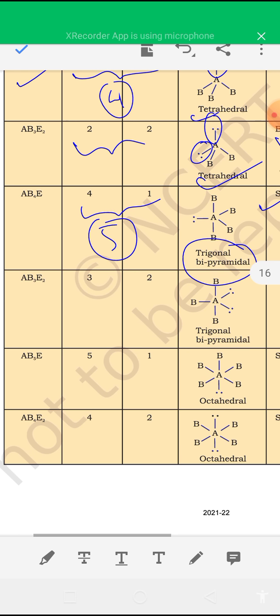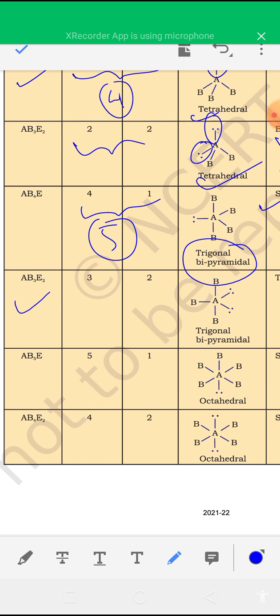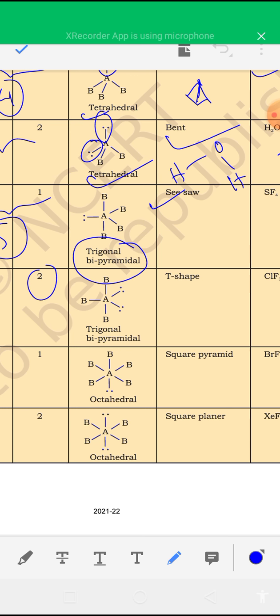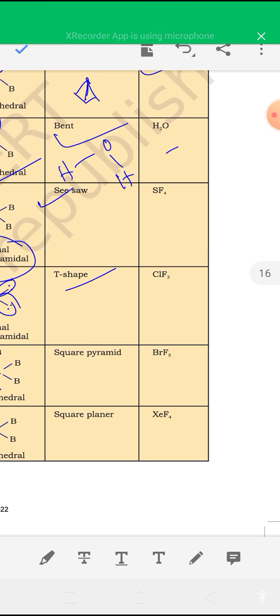Next type of compound AB3E2, where 3 bond pairs, 2 lone pairs. It is T-shaped molecules. The arrangement of electron pairs is trigonal bipyramidal. 2 lone pairs in equatorial position, and remaining 3 are bond pairs. T-shaped molecules, example ClF3.